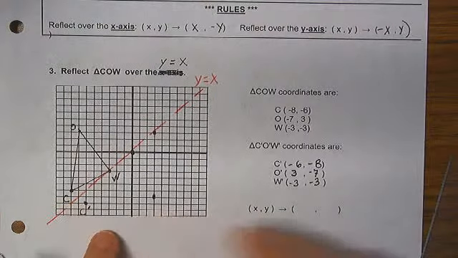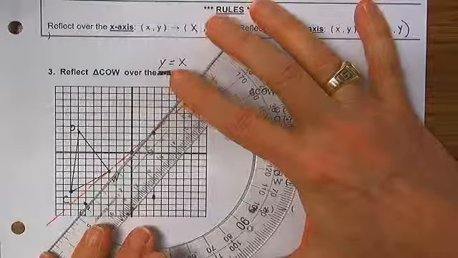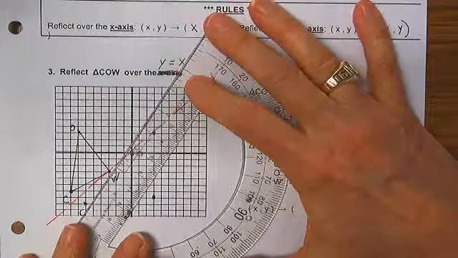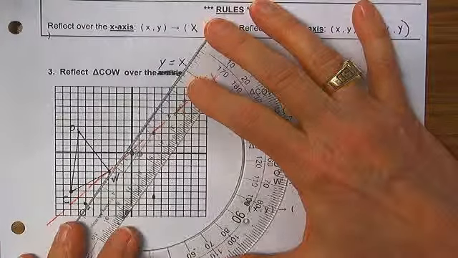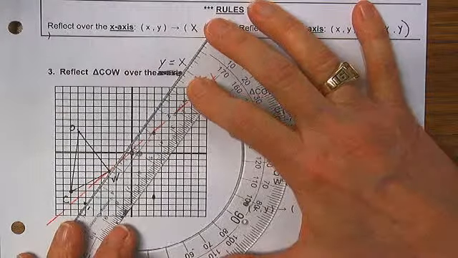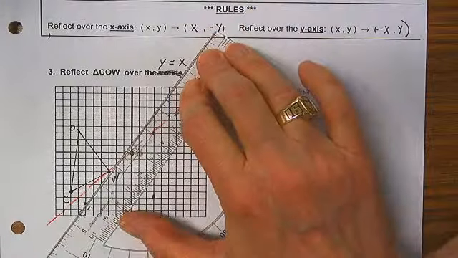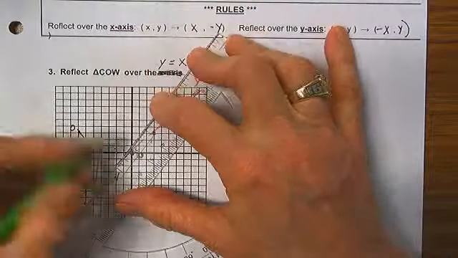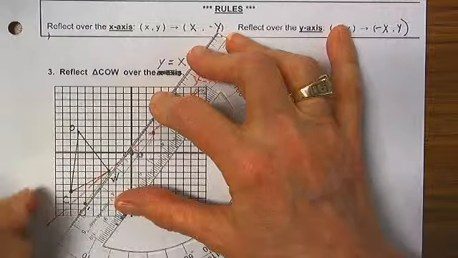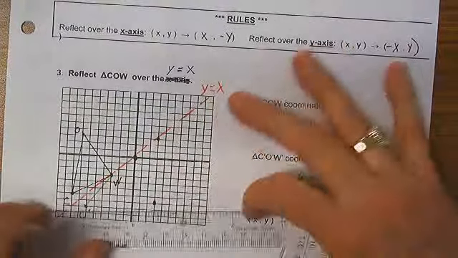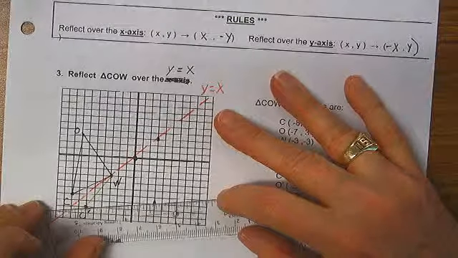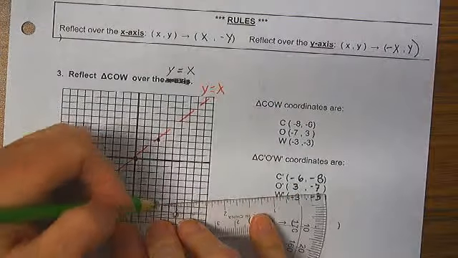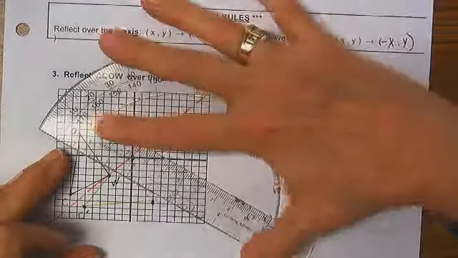So here we have triangle C prime, O prime, W prime, that looks like this.